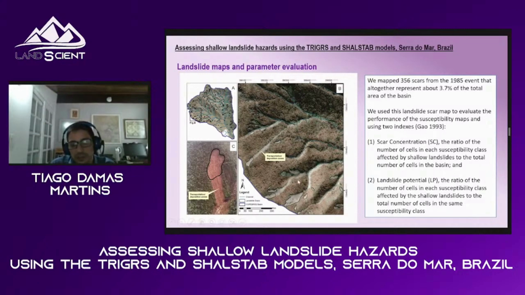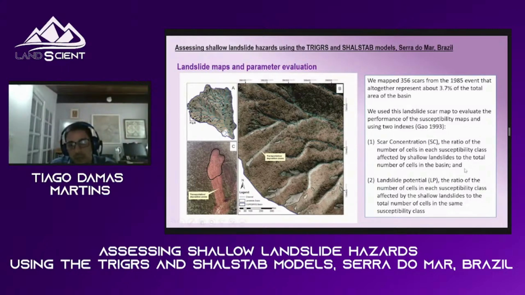Each cell has a value. The idea is to see which cell is in the landslide scar perimeter and check if the landslide scar is coincident with a cell that says it is unstable or stable.